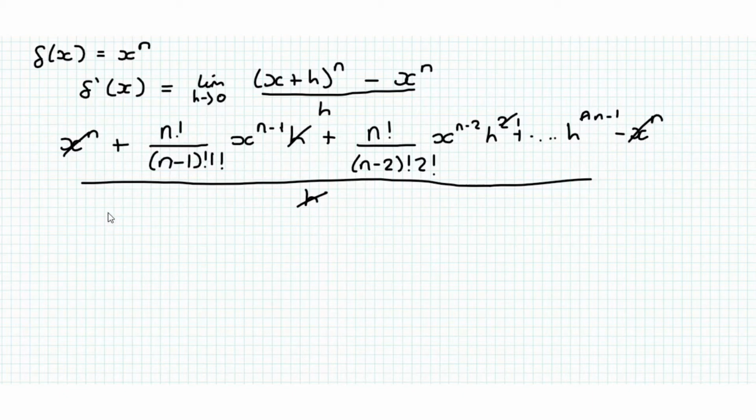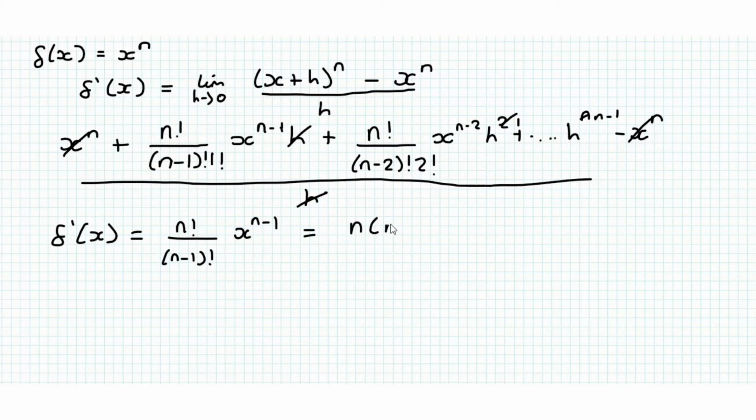Alright, so we are just left with f dash of x is equal to n factorial over n minus 1 factorial x to the n minus 1, and this looks a little bit complicated. I've left the 1 up just because we know that's equal to 1, but we look, n factorial is just equal to n multiplied by n minus 1 factorial.